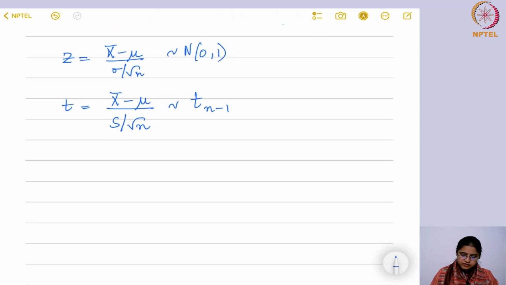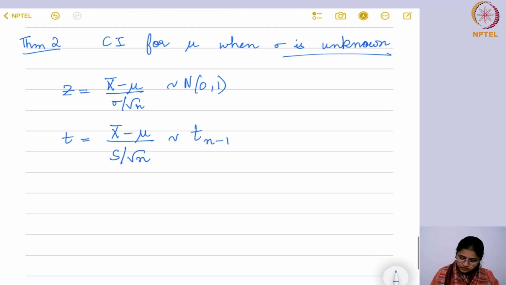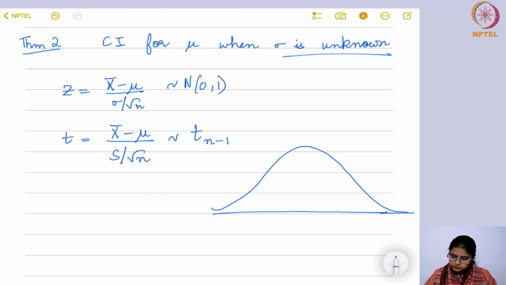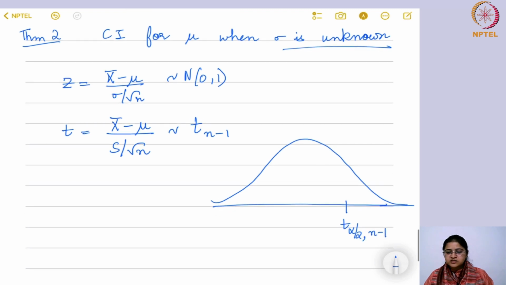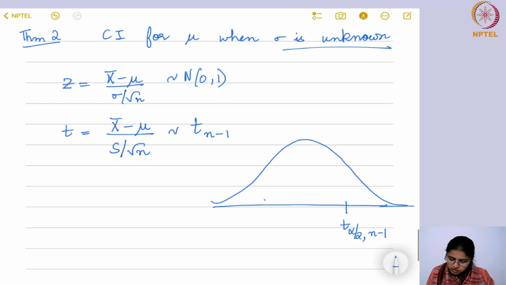Before that, let me just make a small figure over here. Okay, so here in this case you would have t alpha by 2. The t distribution is always accompanied by alpha and the corresponding degrees of freedom also. And likewise here you would have minus t alpha by 2 comma n minus 1.